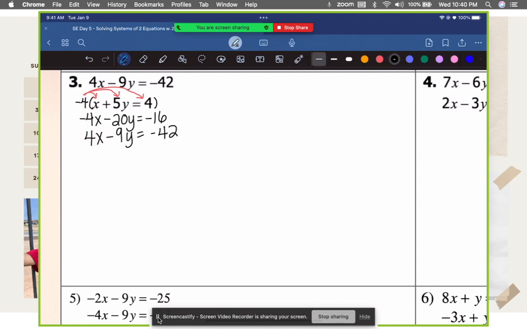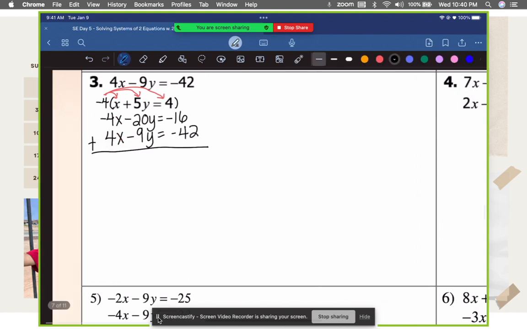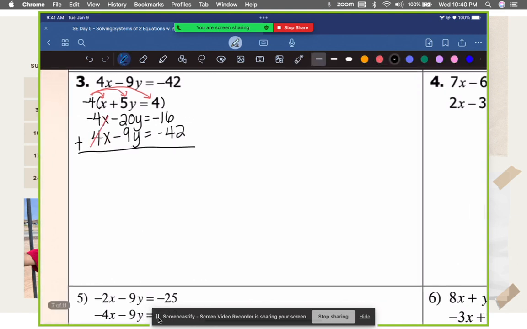So I'm going to go ahead and continue and add straight down. Okay, negative 4x plus positive 4x, that's going to just cancel out, which is what I wanted. That's exactly why I did that. Negative 20 minus 9 is negative 29y. Okay, and negative 16 minus 42 is going to be negative 58.